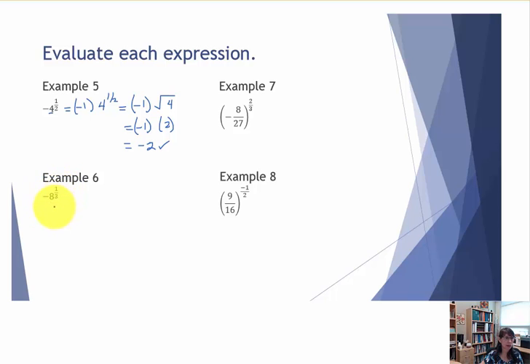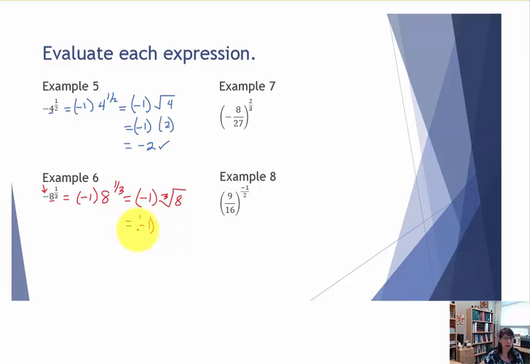In example 6, we have negative 8 raised to the 1/3. Again, that's a very similar looking problem to example 5. Only base of 8 is raised to the 1/3, not the negative. We do not have a parenthesis here. So we translate that negative as negative 1 multiplied by 8 to the 1/3. So that is equal to negative 1 multiplied by cube root of 8.